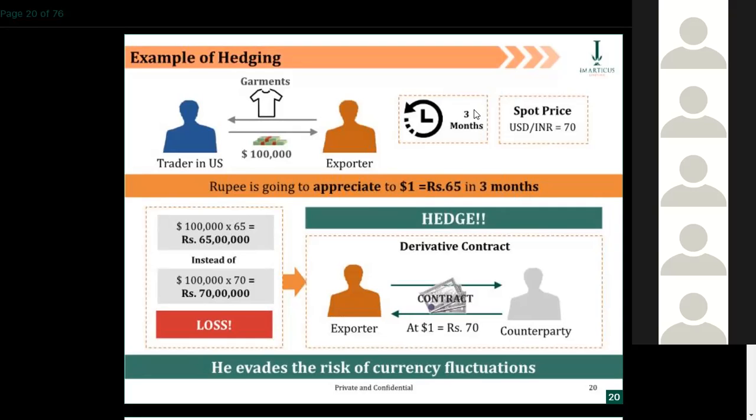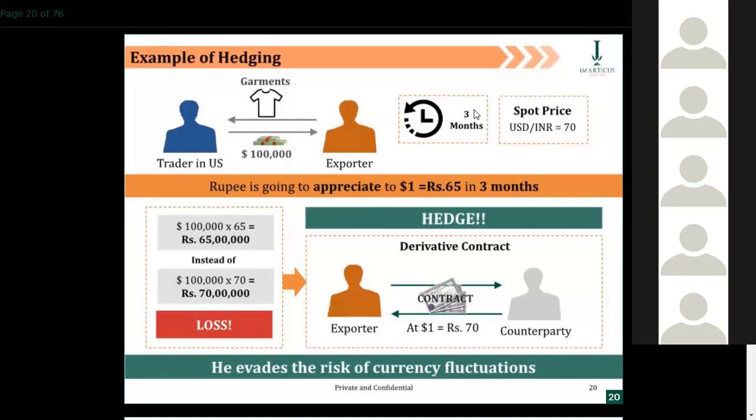Anyone has a different view, or the same, right? Okay, so that's true. If it becomes $1 = 65, then it is a loss to the exporter, right? And if it becomes $1 = 75, then it is a profit to the exporter. So this exporter is in the core business of garments, and is probably having a loss of 5 lakh rupees, because if the dollar becomes 65, right?